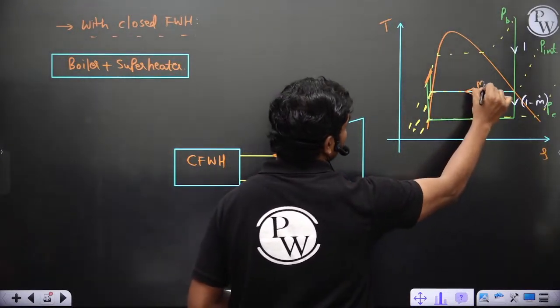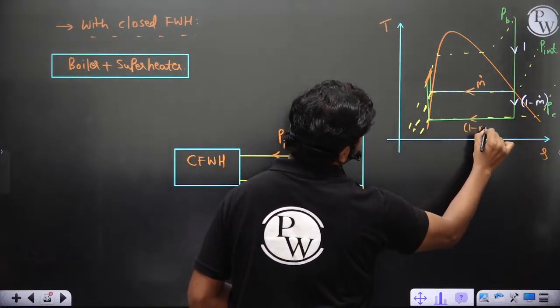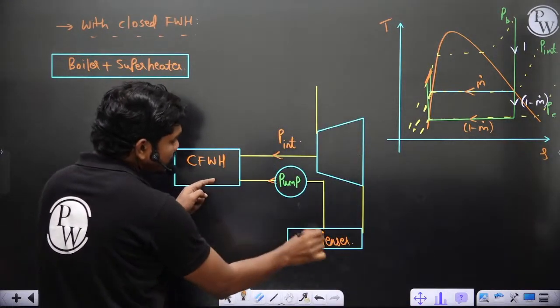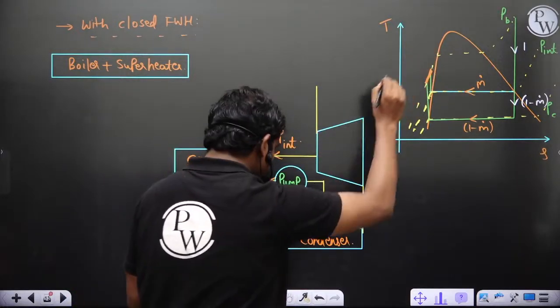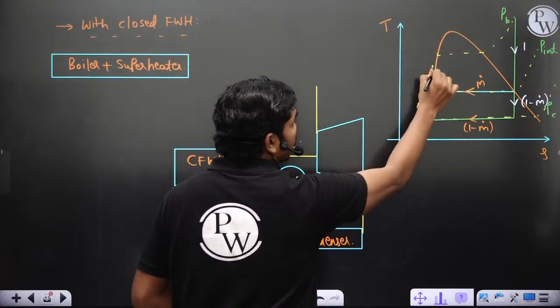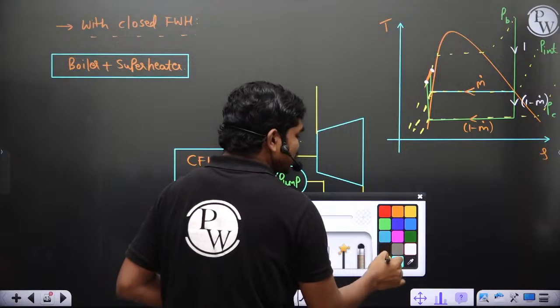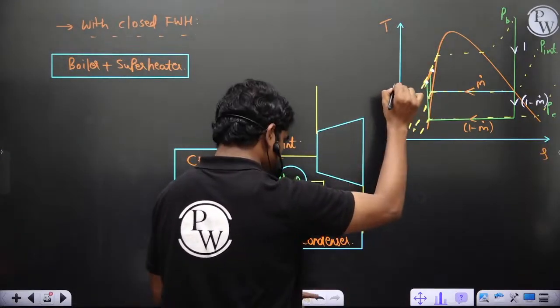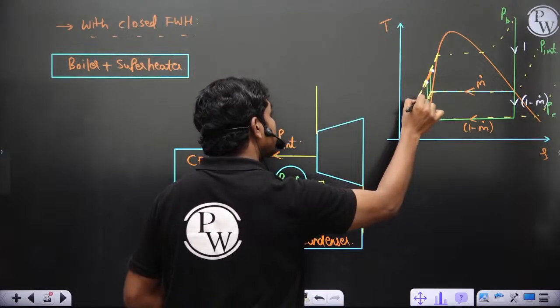So this is m dot and this is 1 minus m dot clearly. This pump can directly raise this condenser outlet to this; these 2 points are on the same P boiler line actually.